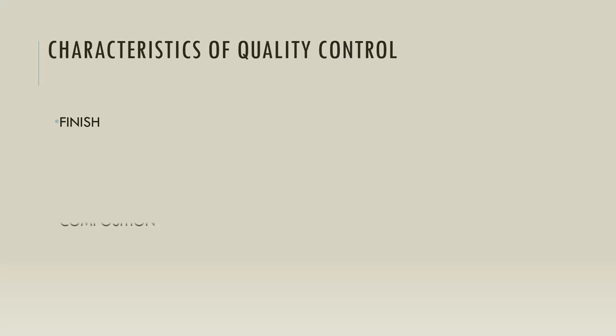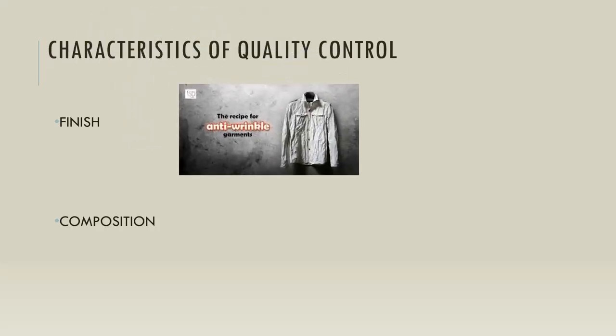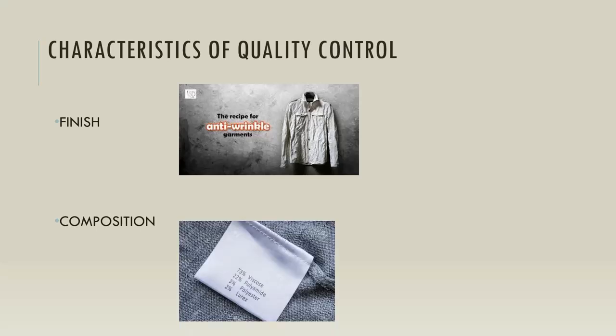Let us see what else is there. Finish is also one of them, like different functional finishes which are applied in the garment industry nowadays. Anti-wrinkle finish is one of them, and there are many other finishes also. Antibacterial finishes are also there for sports goods.